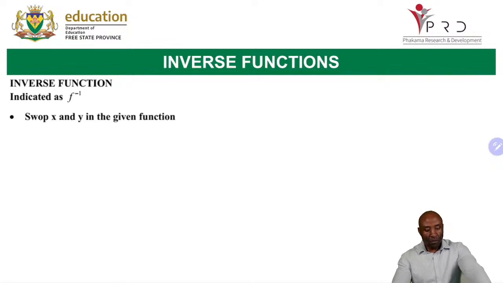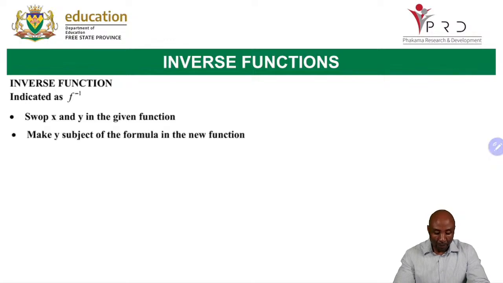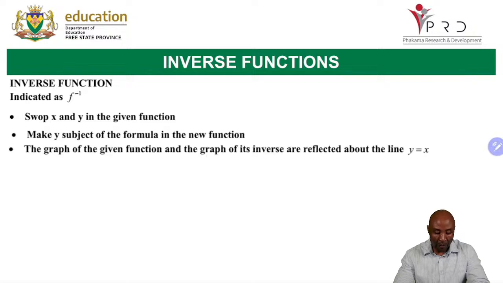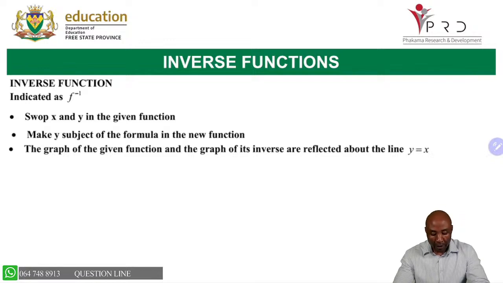Remember? So what is the process of finding the inverse of a function? We swap x and y, and then we make y the subject of the formula on the new function. And normally, if we have the sketch of the original graph, the inverse is always a reflection of the function about the line y is equal to x.